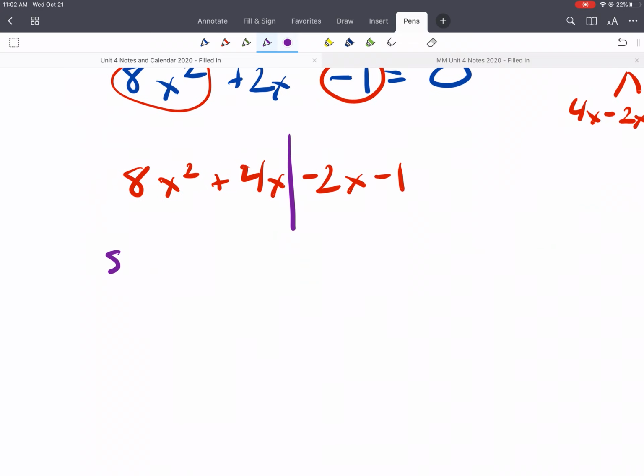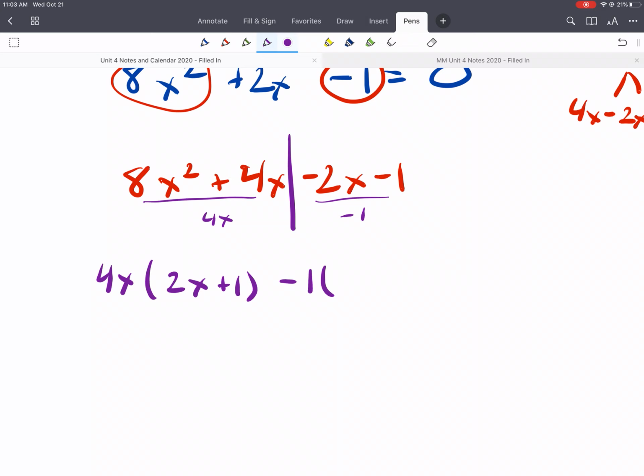So here we could take out a 4x, leaves us with 2x plus 1. And here we can take out a negative 1. And what's left would be 2x plus 1. Take that out.